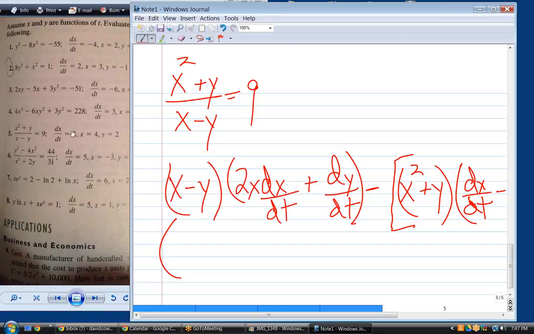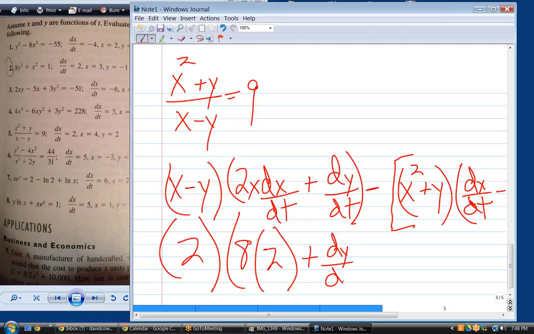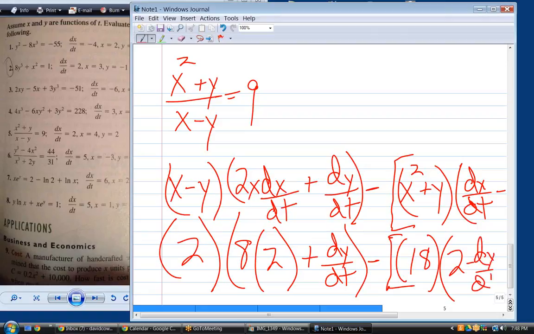So x minus y is 2. Two x is 8. That's 2 plus dy dt, minus x squared is 16 plus 2, so that's 18, x squared plus y, times dx dt is 2 minus dy dt.